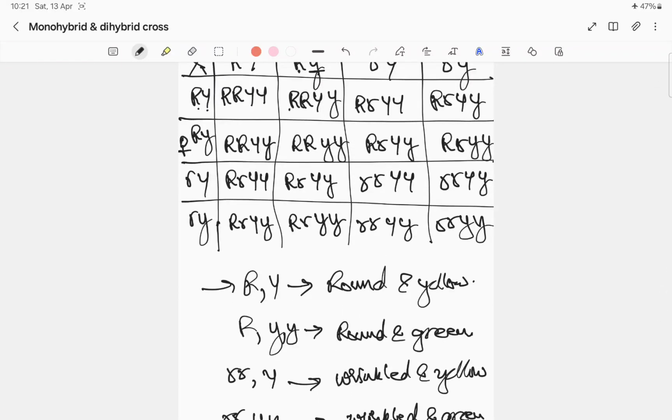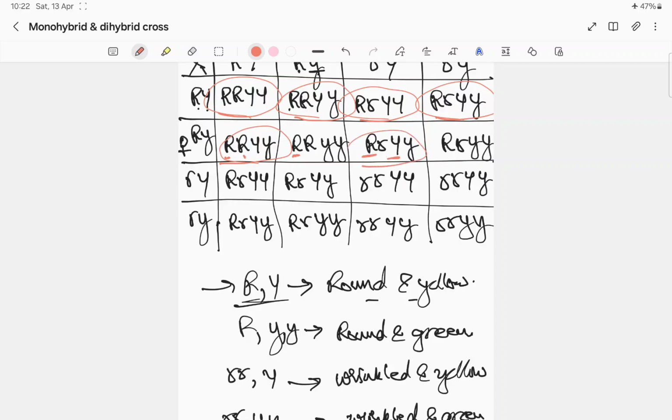So let's go inside this. If you have at least one capital R and capital Y, we will get round yellow seeds. Now we'll circle these with orange color. Capital R capital Y is present in this, and in this, and in this. Capital R small y, no, this won't be counted.